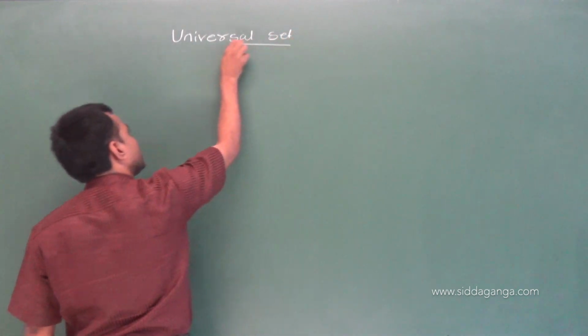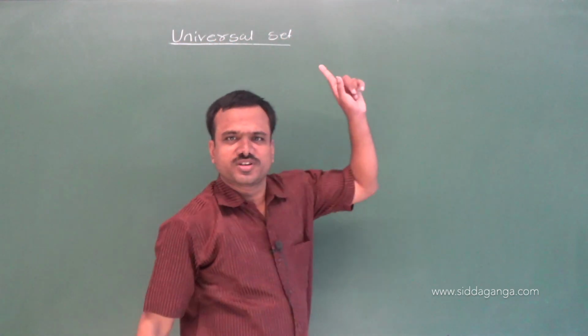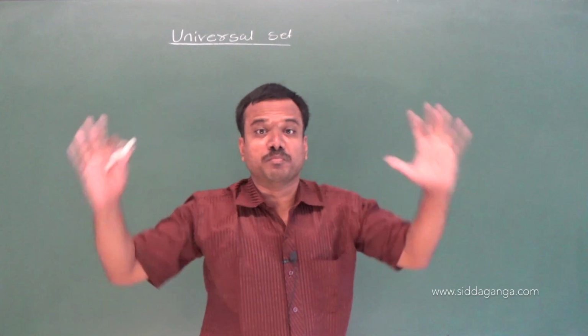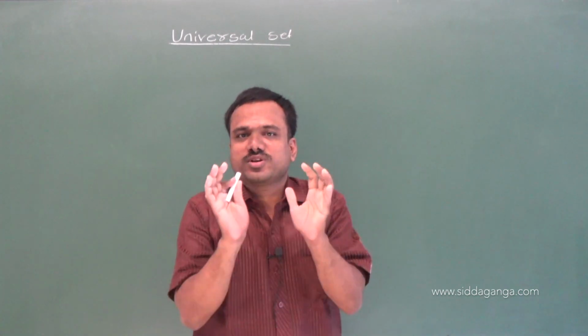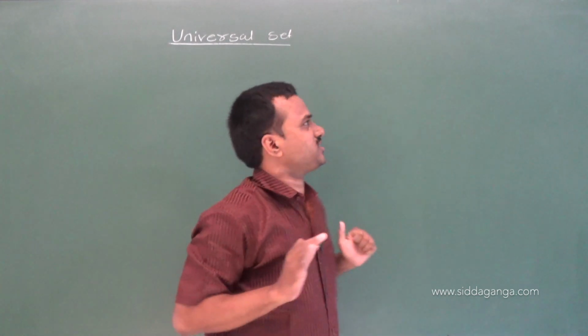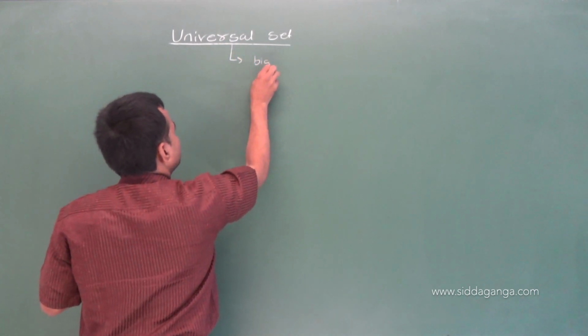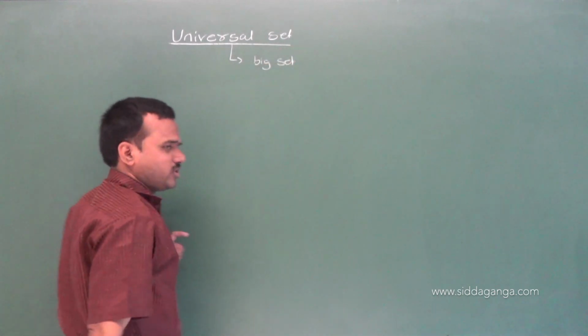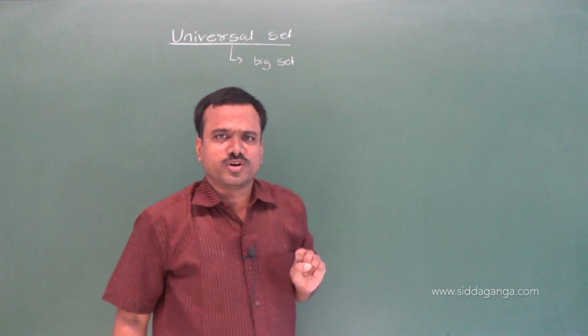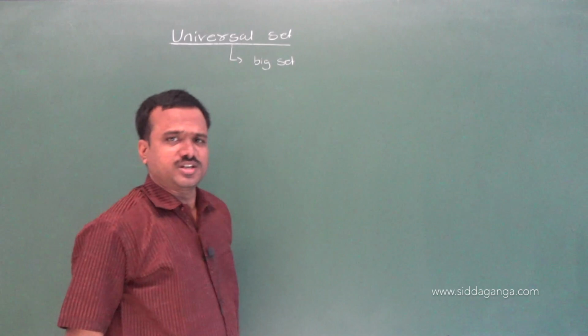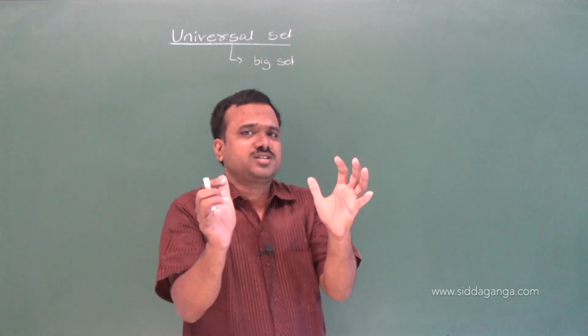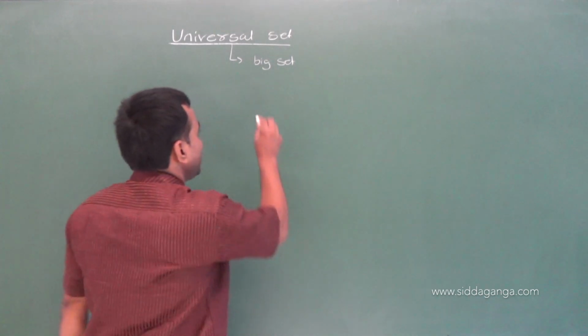Universal set. The word says universe, a big set. Universal set means it is a big set, I explain simply.